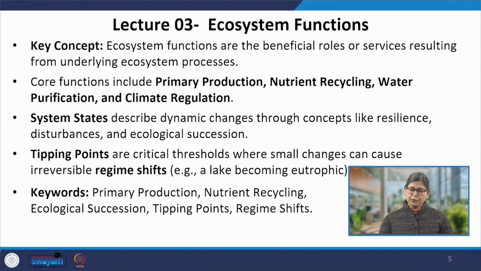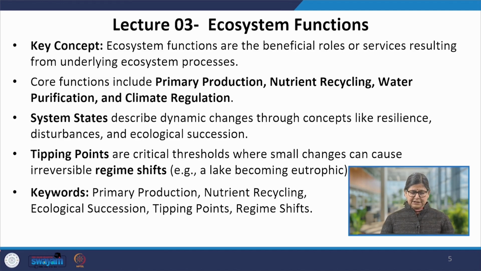Lecture 3 talked about ecosystem functions, where the concept was that ecosystem functions are the beneficial roles or services resulting from underlying ecosystem processes. Core functions include primary production, nutrient recycling, water purification, and climate regulation.